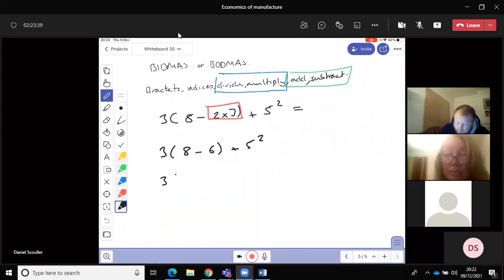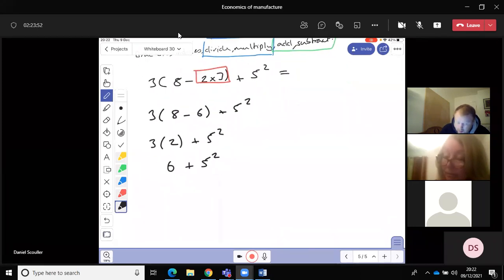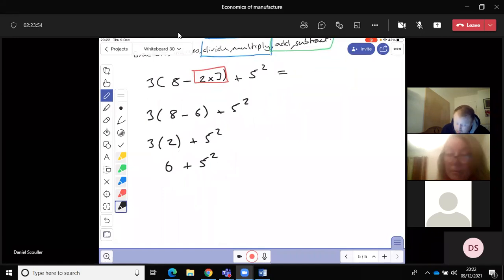Tidy up that bracket: 8 minus 6 is just 2, plus 5 squared. That bracket, if we take it away, is just 3 times 2, so that becomes 6 plus 5 squared. We do the square first to tidy that up. So all that breaks down into 31.